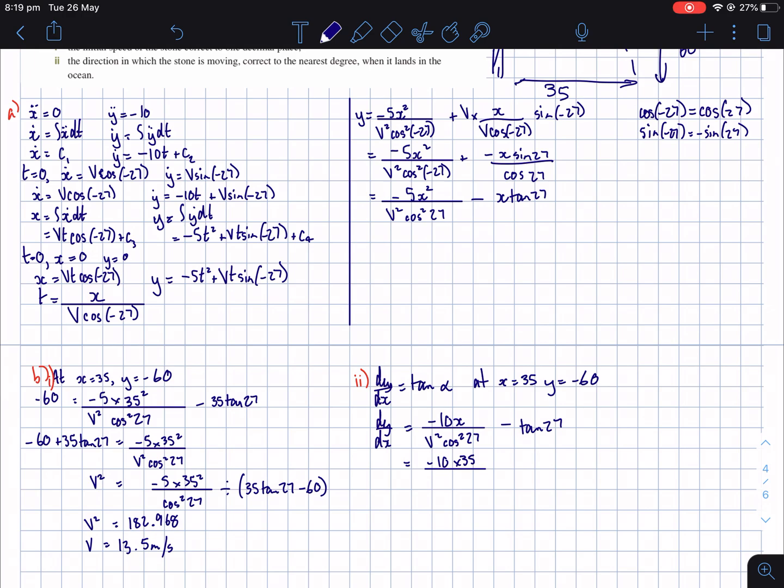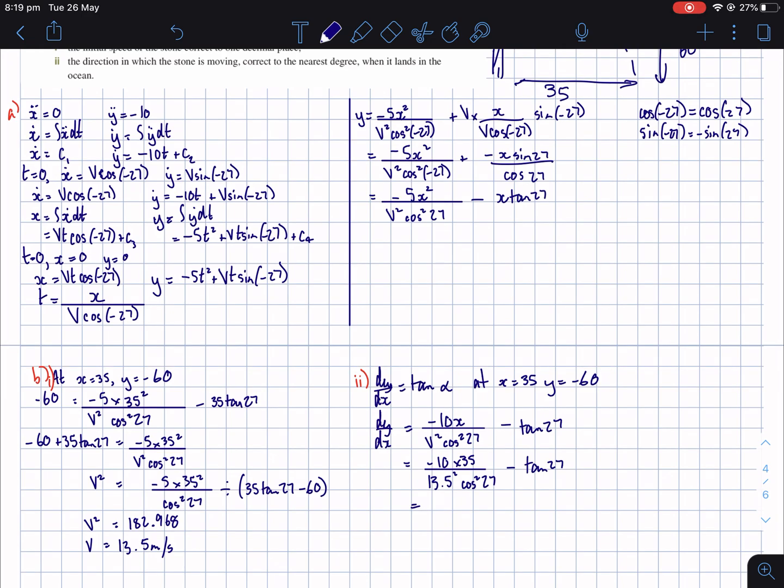And I know v, it's 13.5. So it equals, I'm just putting this in my calculator, negative 10 times 35 over answer squared times cos 27 squared, take tan 27, and that's given me negative 2.9.